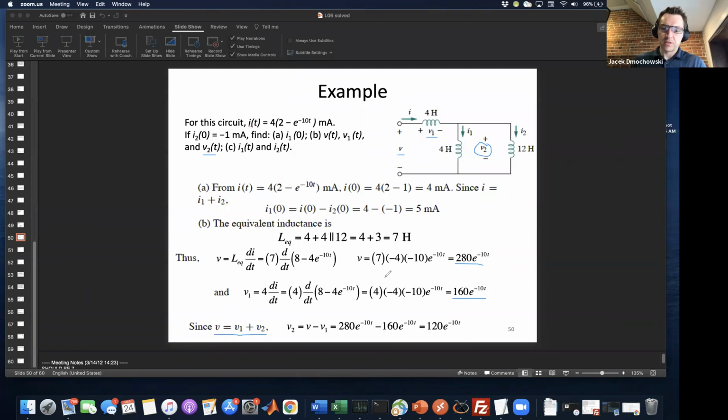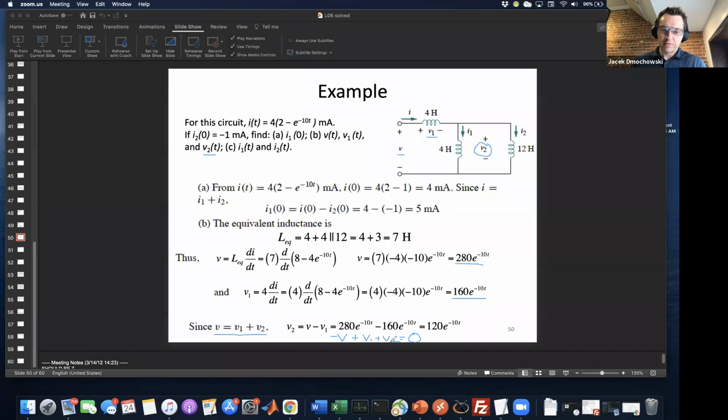So in other words, another way of doing this is negative V plus V1 plus V2 is equal to 0. And we have a solution for V, that's here.